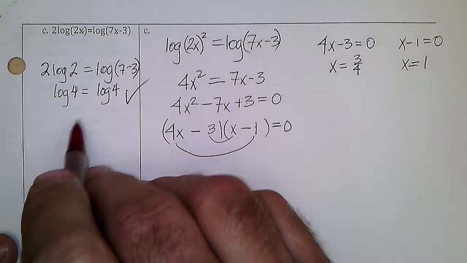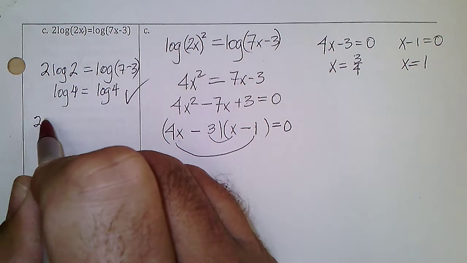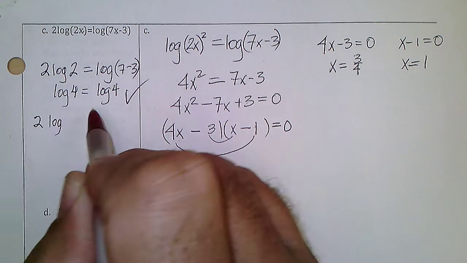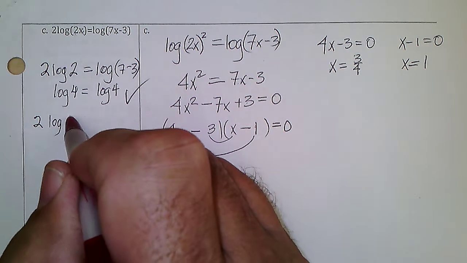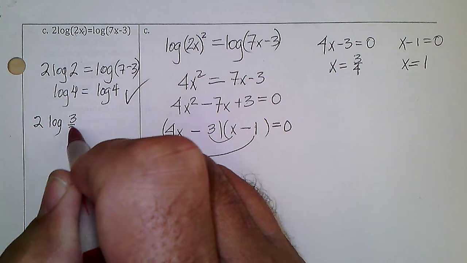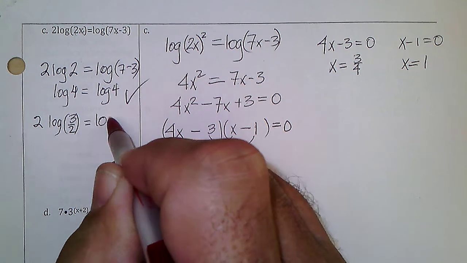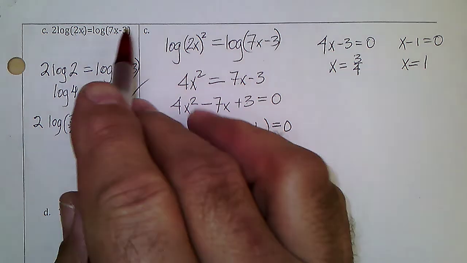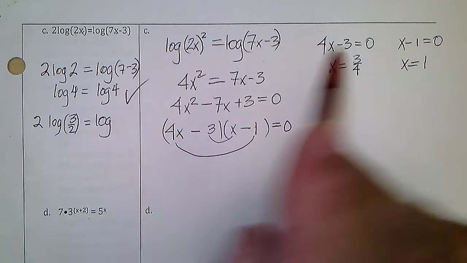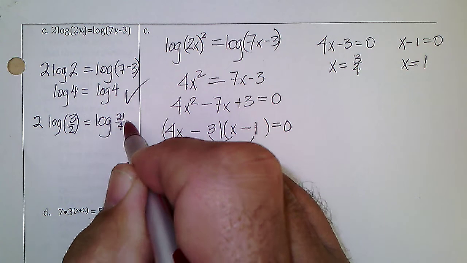Now let's check the 3/4. So I'd have 2 log of 2 times 3/4 is 6/4, or 3/2, equals log 7 times 3/4. 7 times 3/4, that's 21/4, minus 3.